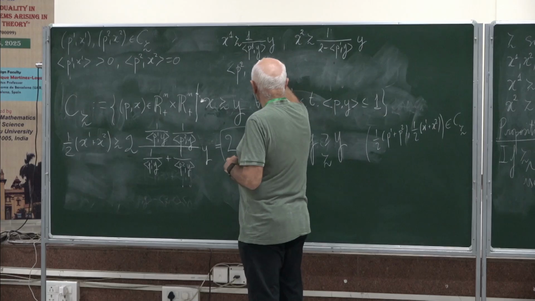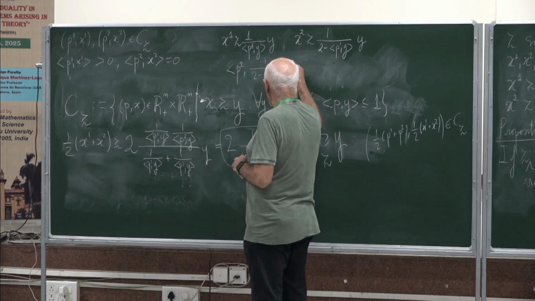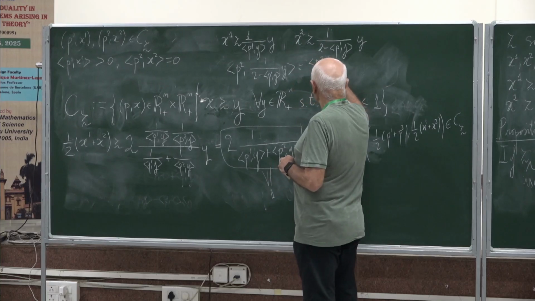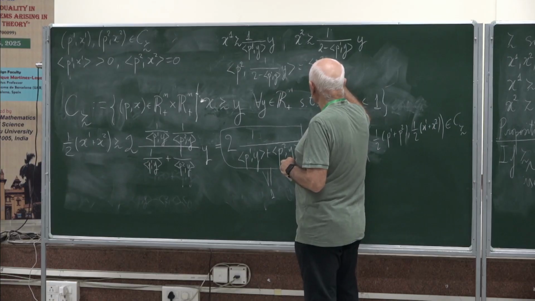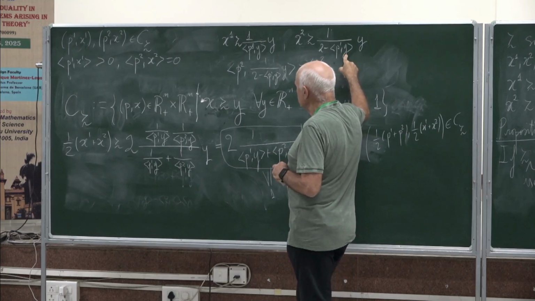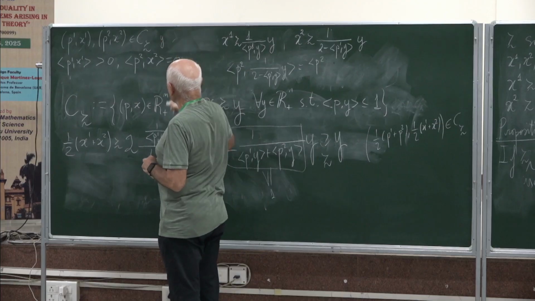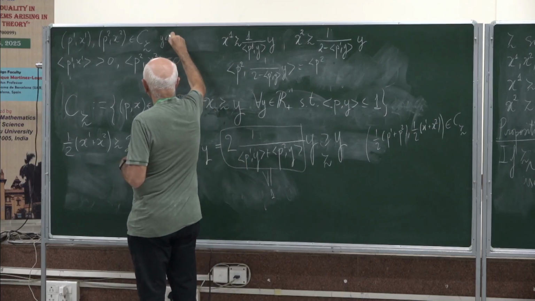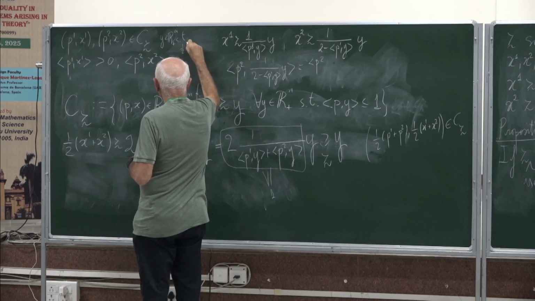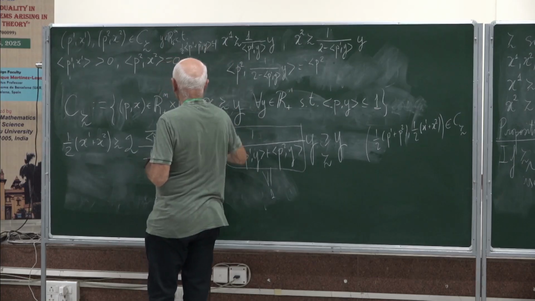P2 times this vector is, and by the way, this number is positive because we are comparing with y in R plus n such that 1/2 P1 plus P2 y is less than or equal to 1.